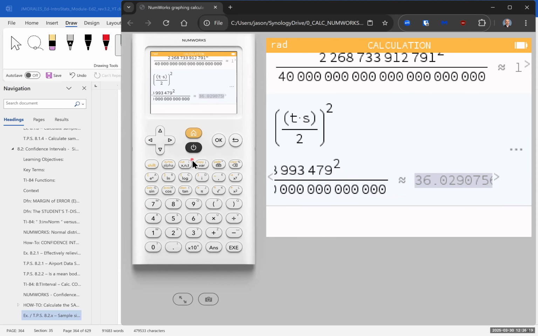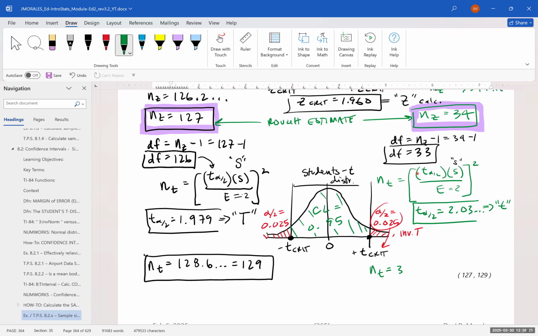And we get 36.0 and some change, which should be rounded up to 37.